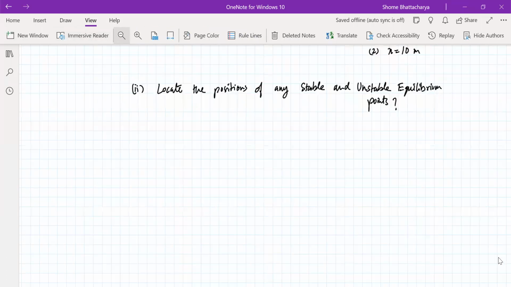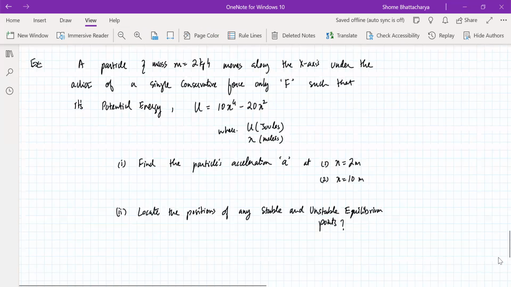This is the typical type of application question. Obviously at competitive exam level, this will be an MCQ with options. Suppose you have a question where some potential energy function is given like this, and the options are about whether x equal to a certain position is an equilibrium point, a stable equilibrium point, or an unstable equilibrium point. You have to select the correct options accordingly.